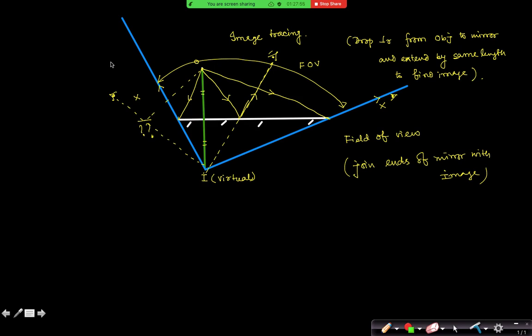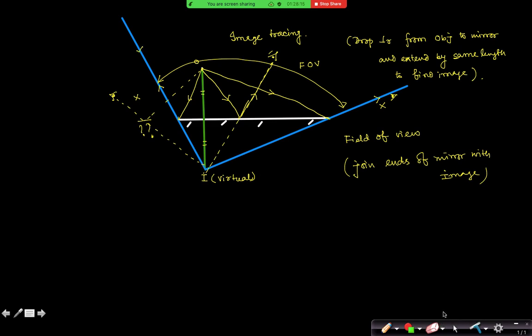So how do I know the range from where, if I place my eye, I will be able to see the image? You just join the image with the ends of the mirror, because no mirror, no image. So I join the ends of the mirror and you will find these two lines, they are limiting rays.